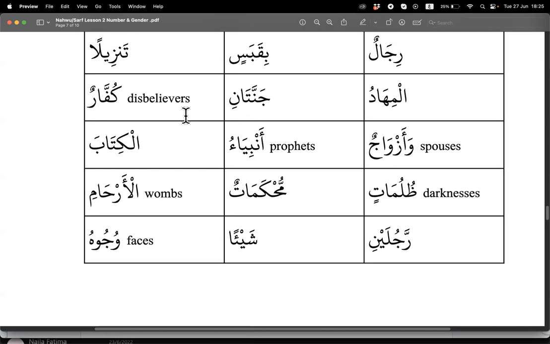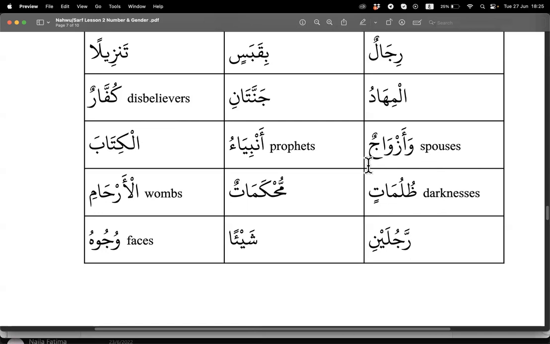Next one, kufarun. Disbelievers, status rafa, singular and feminine. Yes, good. Because it's human broken plural. Yes.